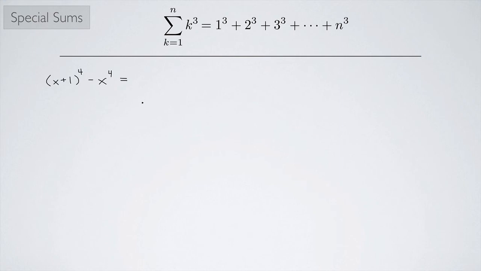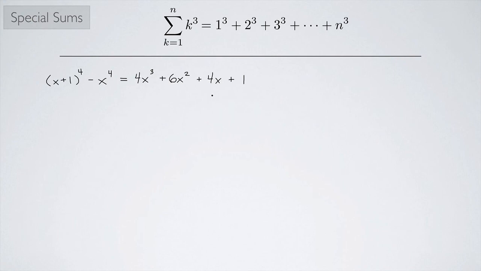And when you do this, if you multiply this out, you will get 4x cubed, and you'll get 6x squared, and 4x and 1.